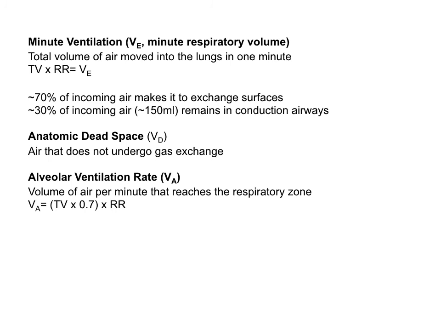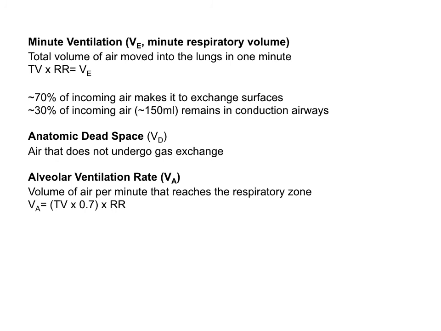However, minute ventilation doesn't tell you how much air you've actually used for gas exchange. Because on average, only 70% of your incoming air actually makes it to an exchange surface, meaning it makes it to your respiratory division.